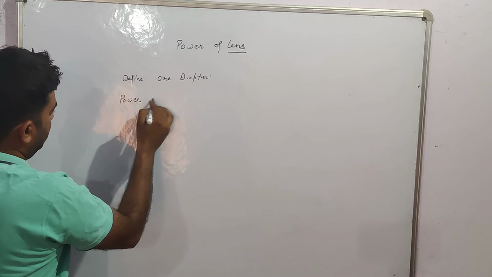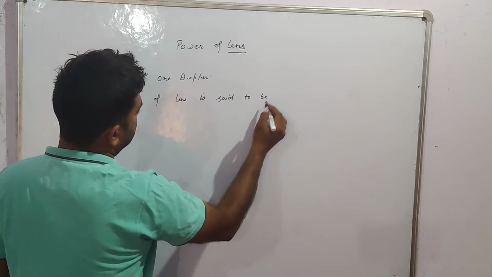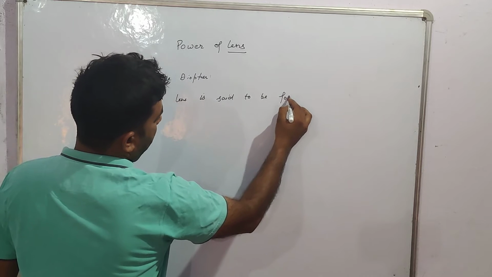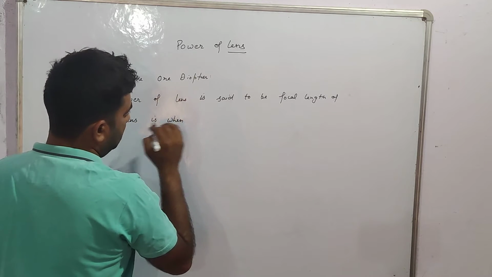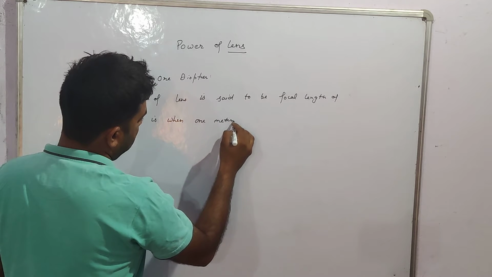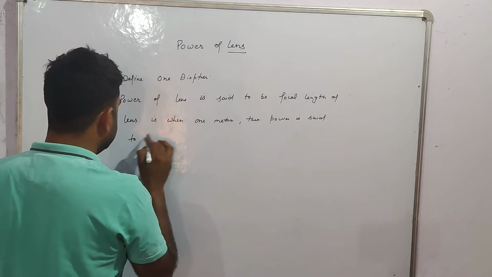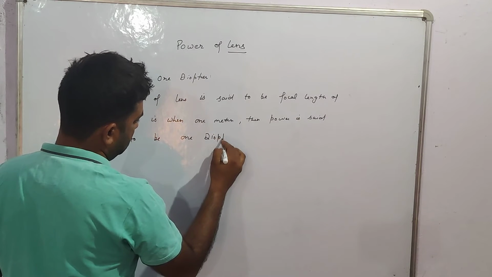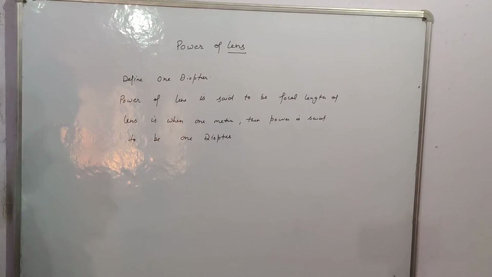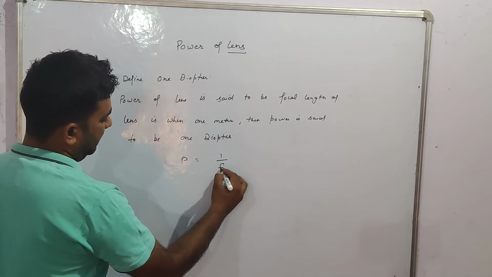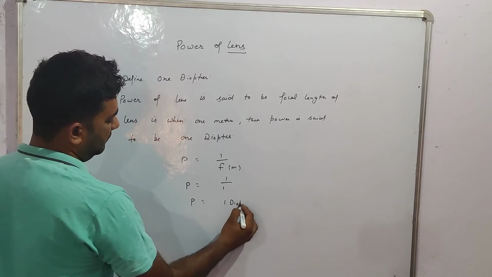So power of lens is said to be 1 dioptre when the focal length of the lens is 1 meter. If we have a lens whose focal length is 1 meter, then what will its power be? 1 dioptre. So P is equal to 1 by F, and F is in meters, so P is equal to 1 by 1 meter, so P is equal to 1 dioptre.